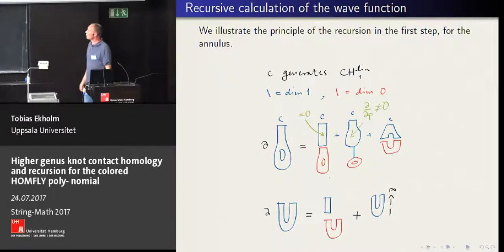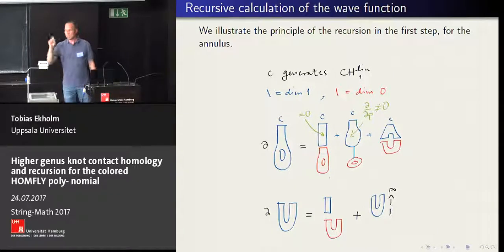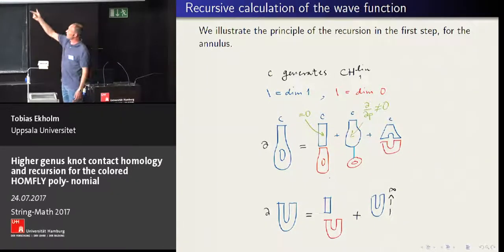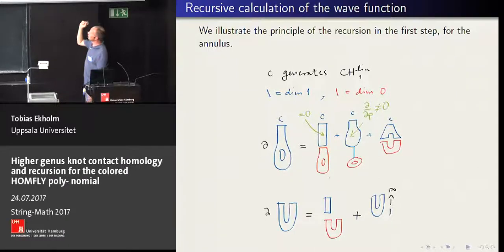Well, in fact, the lower part can also be computed. And here we use the fact that the linearized homology in degree 0 is 0. So we pick a primitive of one of the positive ends A, and we look at the one-dimensional moduli space again on the left, and we have this equation, where the right-hand side is 0.